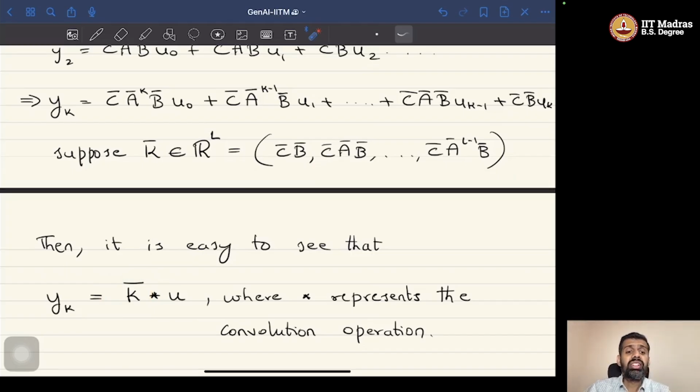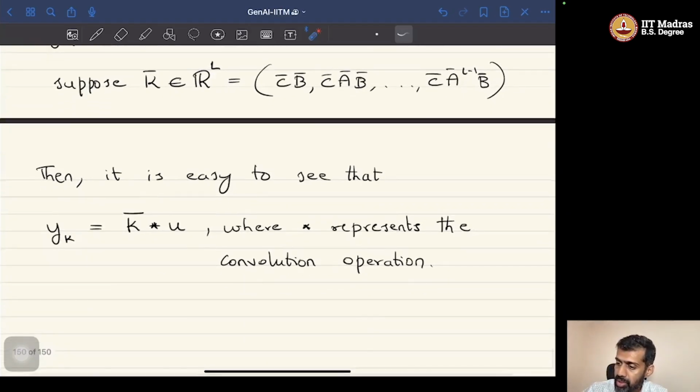Which means that if one computes this kernel K bar, then finding the output is nothing but convolving whatever the given input is with this pre-computed kernel. So once the kernel is computed, one can do inference on any input by simply taking the convolution product between the fixed kernel and the given input u.